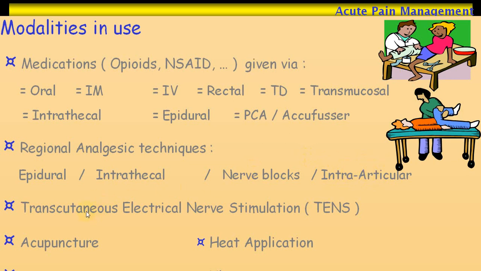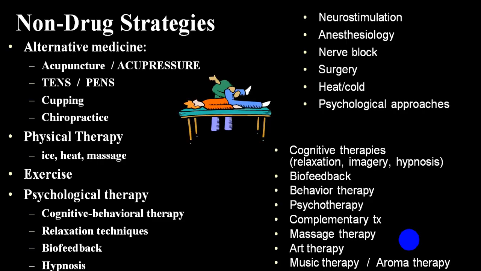As far as non-pharmacological therapy, TENS is very commonly utilized. There is another method called PENS, that is percutaneous. This is transcutaneous. Acupuncture, acupressure, heat application, cryoanalgesia, etc. These are a lot of methods which can be utilized.